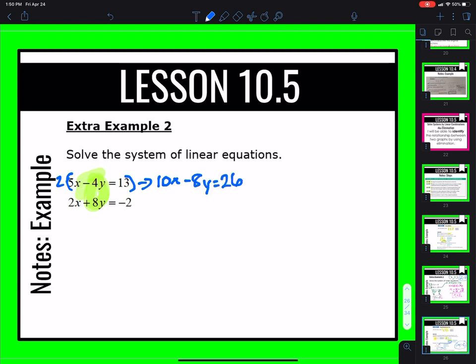Now I don't need to multiply my bottom equation by anything because I already have a positive 8y and it will cancel out the negative 8y. So I'm going to rewrite that: 2x plus 8y equals a negative 2. Then I'm just going to add down. 10x plus 2x is 12x.